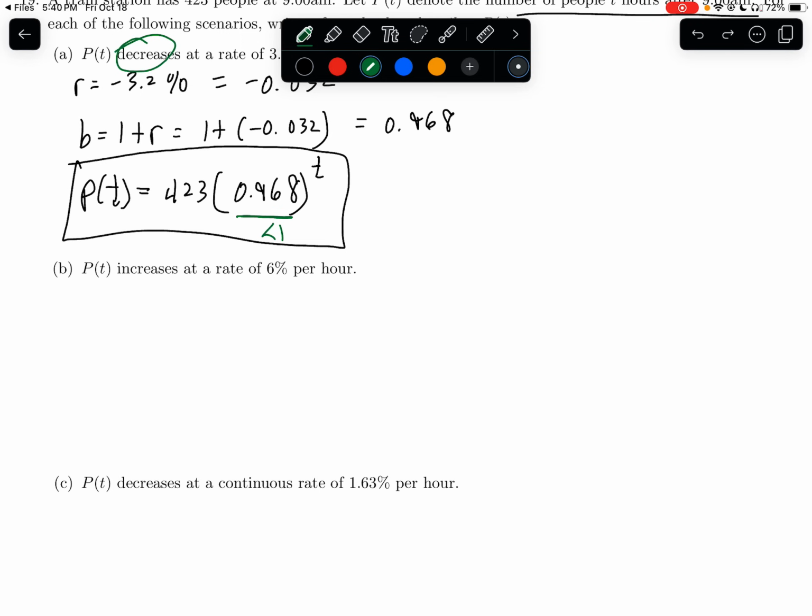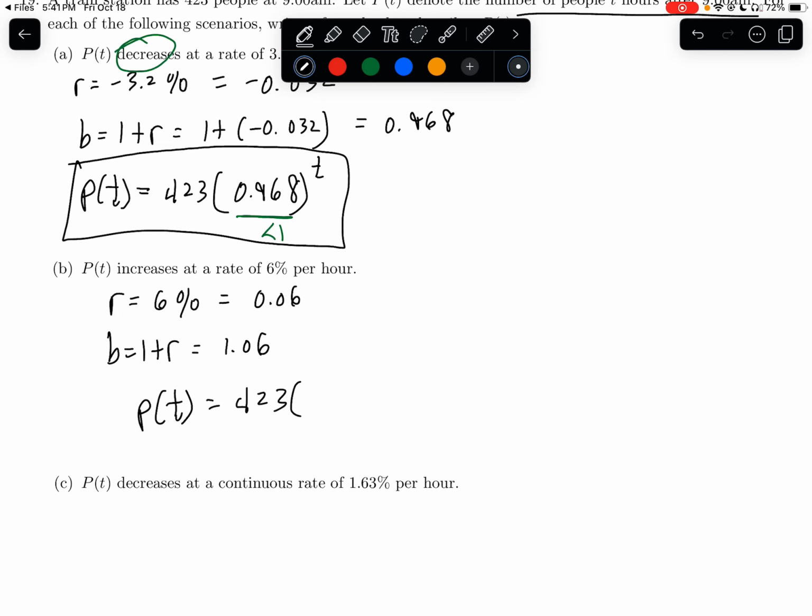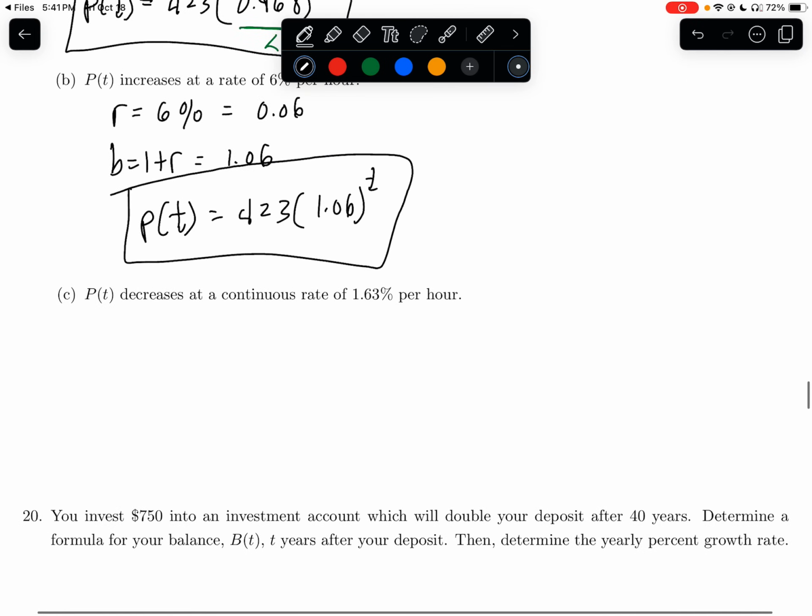Increases at a rate of 6%. So this is similar, except now r is positive 6%. b is 1 plus r, which is 1.06. And so the function, same initial value, 423 times 1.06 to the t. And then decreases at a continuous rate.